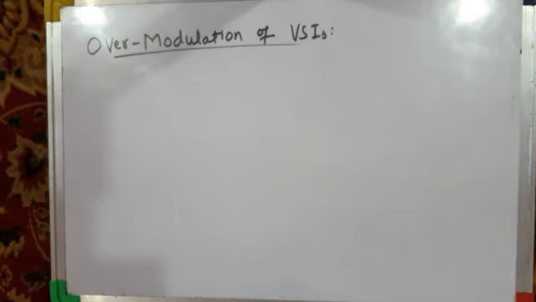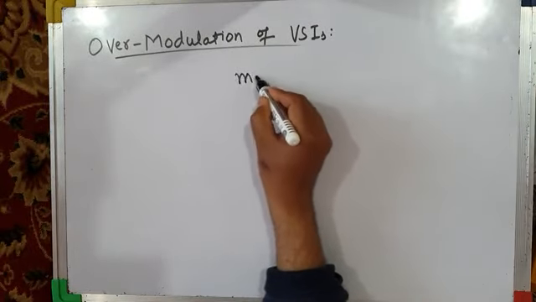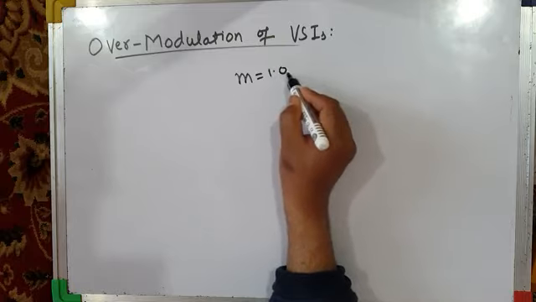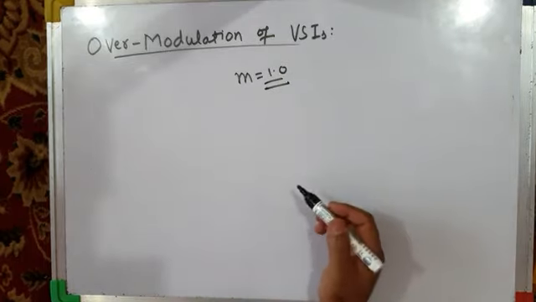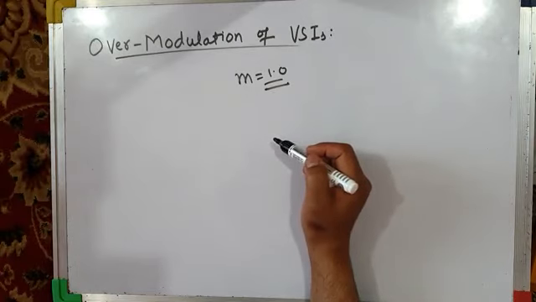And secondly, by changing the modulation index of the inverter, we are able to control the fundamental component of inverter output voltage, which is one of the requirements of most inverters. Now, the problem with PWM operation of inverters is that, even if the modulation index M is equal to 1.0, which is the maximum modulation, the inverter output voltage is not maximum, okay?